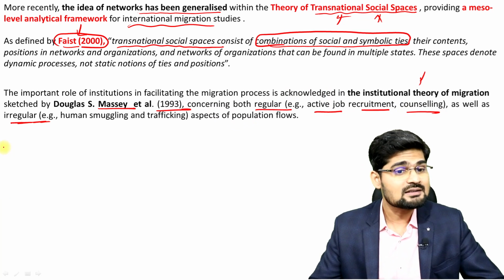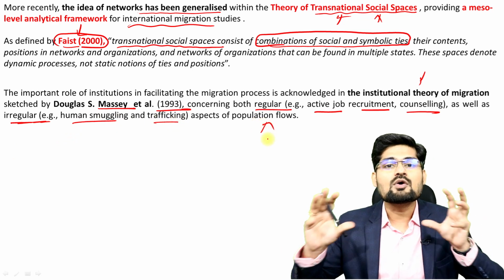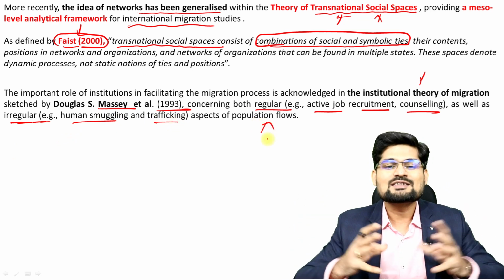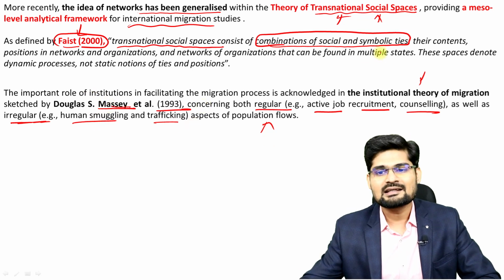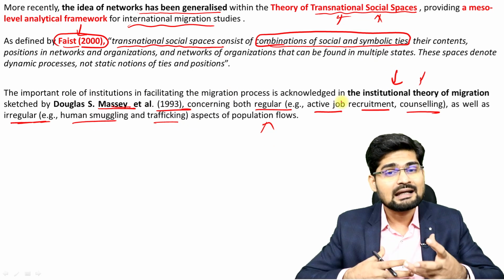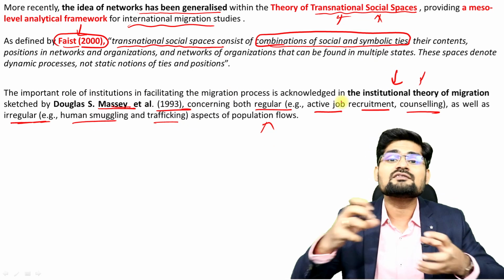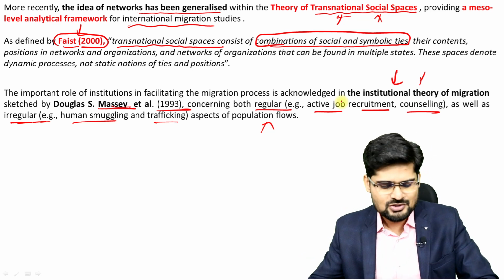But what are the irregular ones? That is human smuggling and trafficking. So it was concerned with both kinds of institutions, right? This is where Douglas Massey and several other scholars worked in 1993 on the institutional theory of migration, where institutions of the regular kind and the irregular kind, both of them trigger or attract or determine the wave of migration, right?